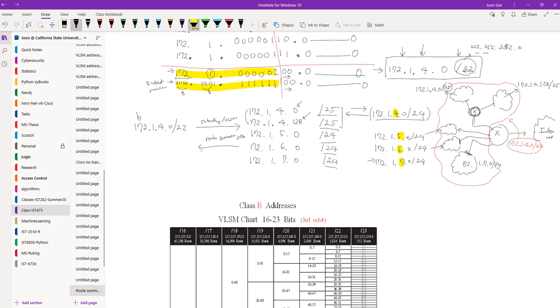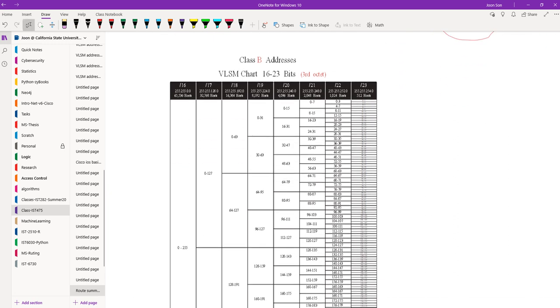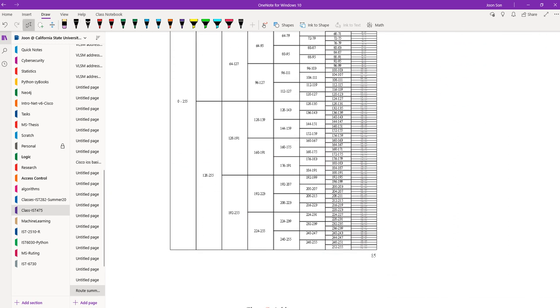Because I know this is 255.255, and then it's going to be something, but it's going to be less than 24. So I know that my subnet mask is greater than 16, so it's going to be 17, 18, 19, 20, 21, 22, or 23, right? But that's something you can guess first.